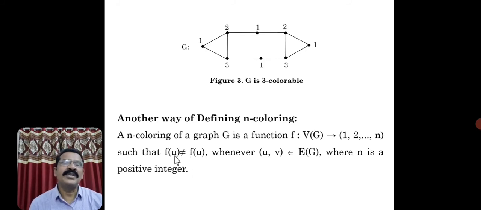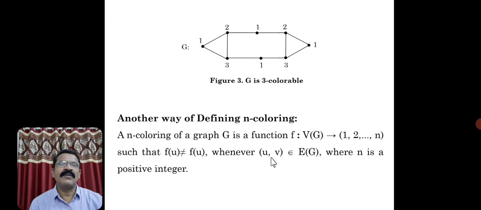Yes, I have made a mistake in writing. It should be f of u not equal to f of v whenever uv is an edge. If uv is an edge, you cannot assign the vertices u and v the same color. So that's why f of u not equal to f of v whenever the edge uv belongs to the edge set. u comma v means it's a pair of vertices.